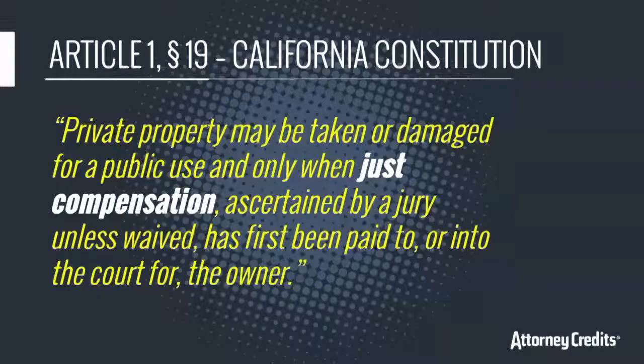So, moving on to the second slide here. This is a quote from Article 1, Section 19 of the California Constitution, which is where inverse condemnation comes from. It's important, actually, just to read this out loud so we can get our bearings. "Private property may be taken or damaged for public use, and only when just compensation, ascertained by a jury, unless waived, has first been paid to or into the court for the owner."